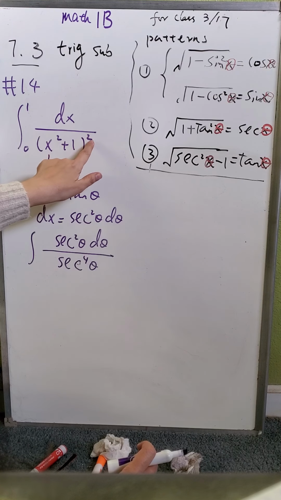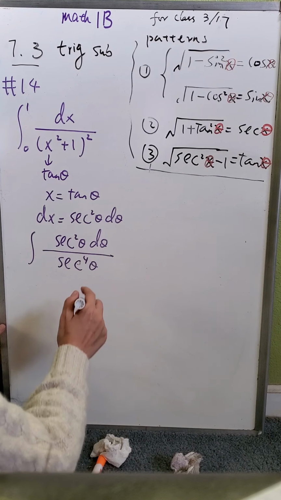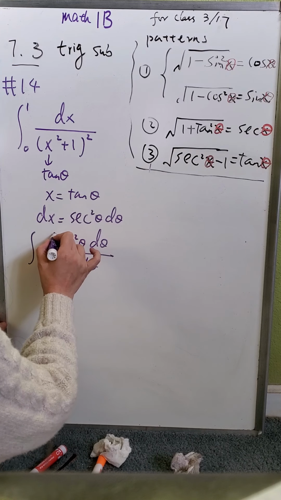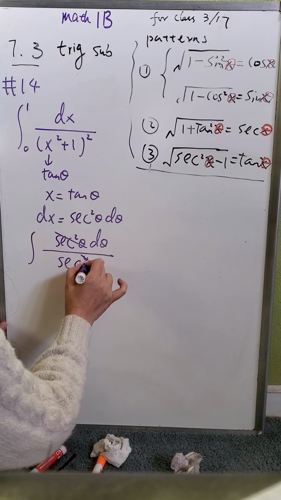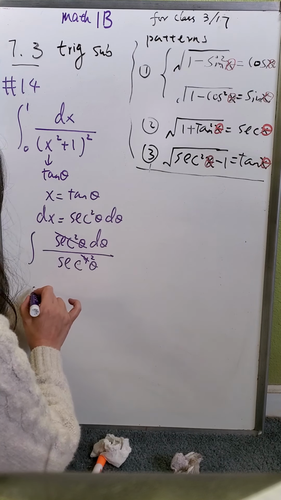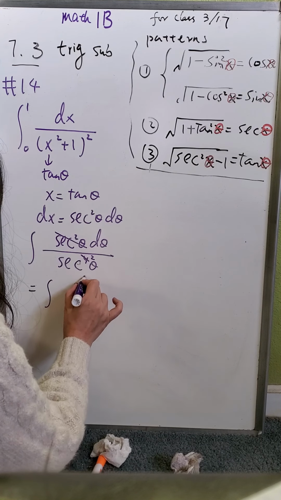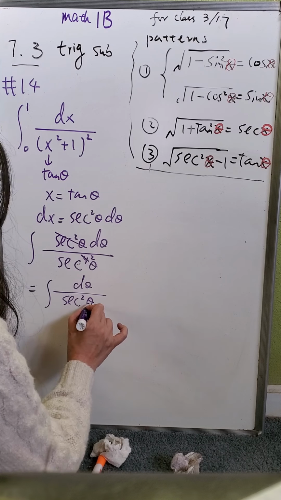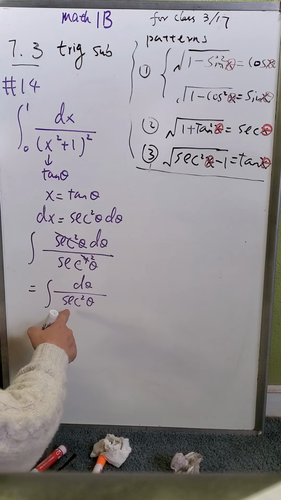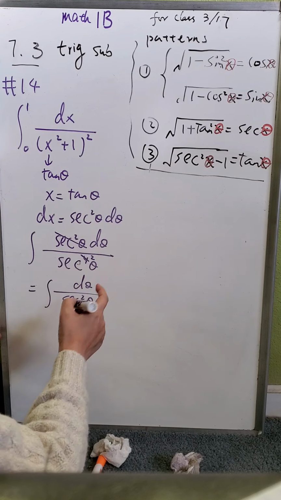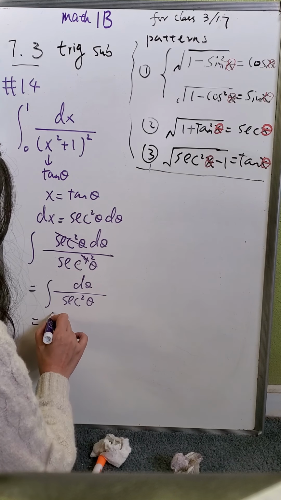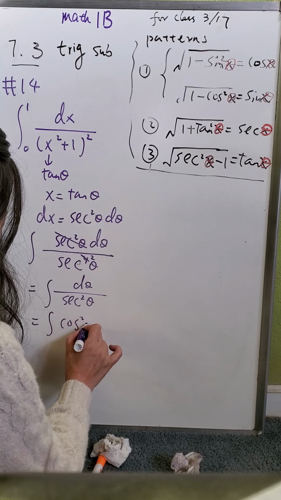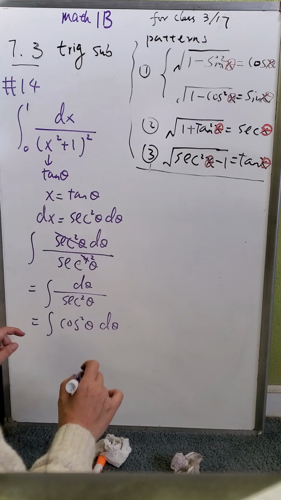And you can see this is reduced. Take away, so become 2. So that becomes d theta over secant squared theta. Now secant squared is equal to what? 1 over cosine, so this just equal to cosine squared theta d theta.